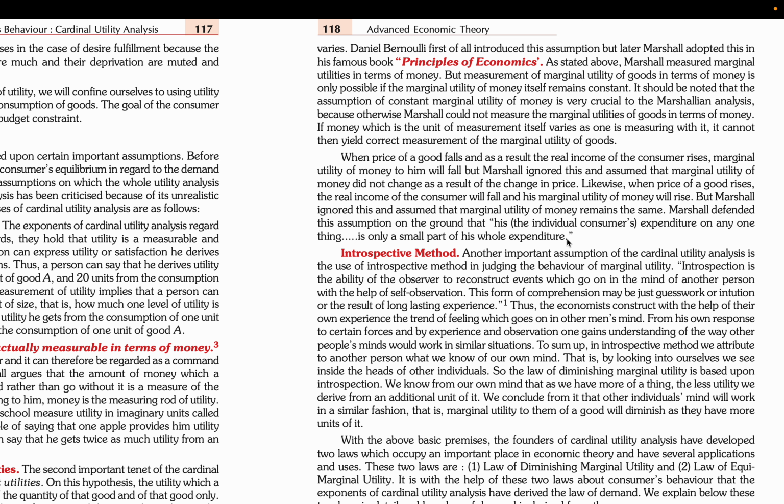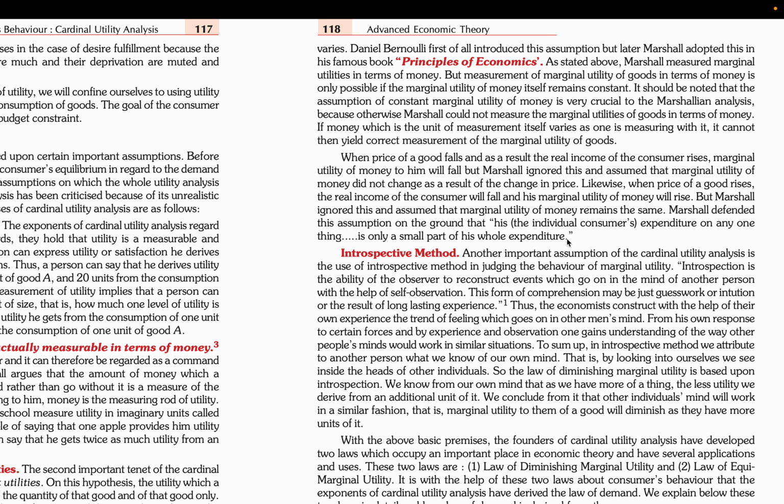So if the utility that money is providing is varying, then you're not exactly sure of whatever utility in money terms you derive from a particular good at a particular point of time, and then that marginal utility of money itself changed. So you can't compare between the two of them.